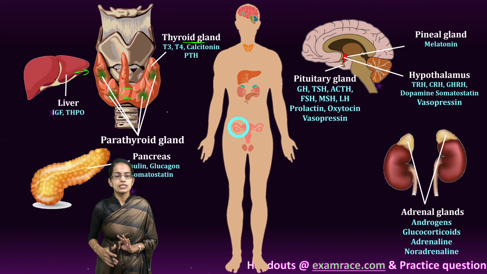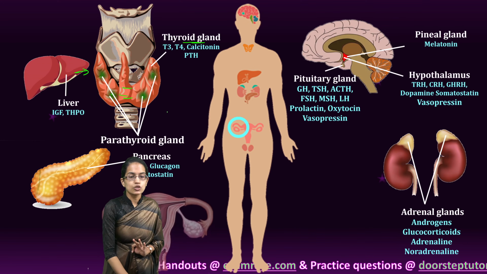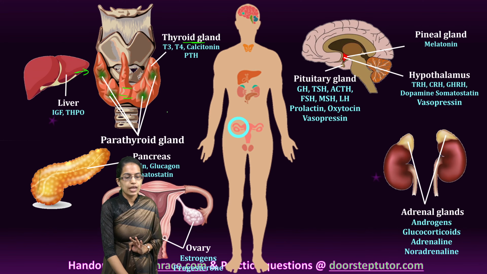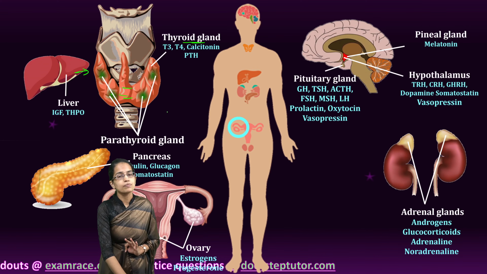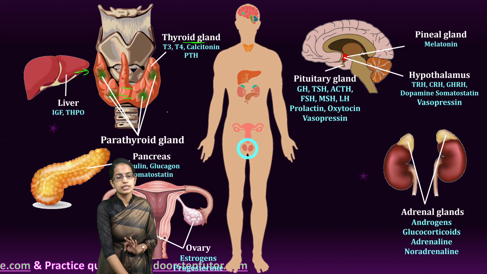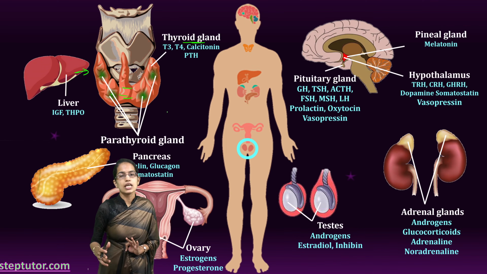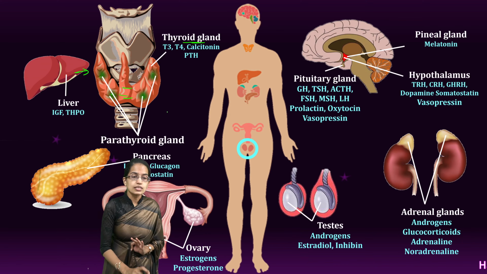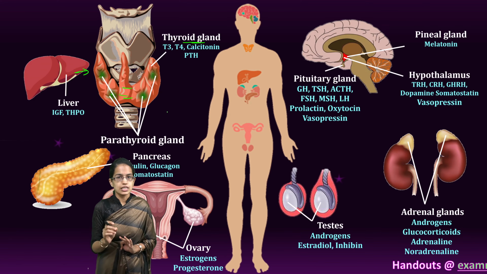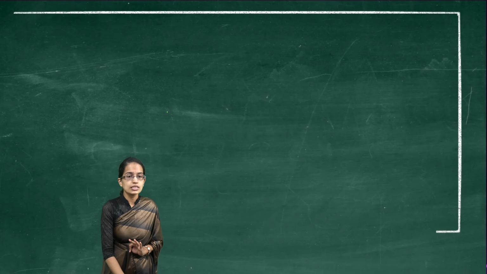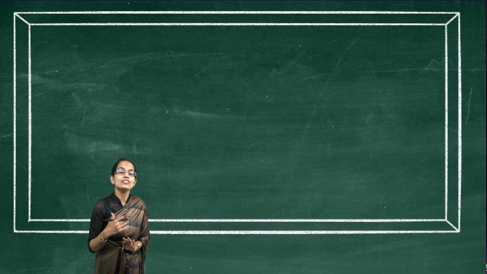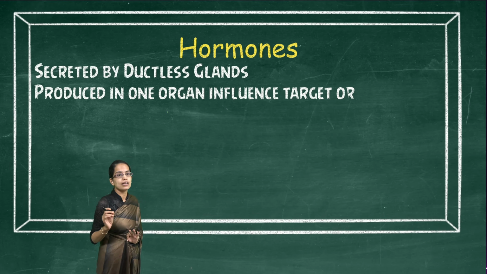Coming on next is, in the females there is ovary, and from the ovary we have estrogen and progesterone as major secretions. In the males there is testes, and the major secretions are androgens and inhibin. So those are some of the major secretions from each of the gland. Now these secretions come up as hormones, which are chemical messengers.